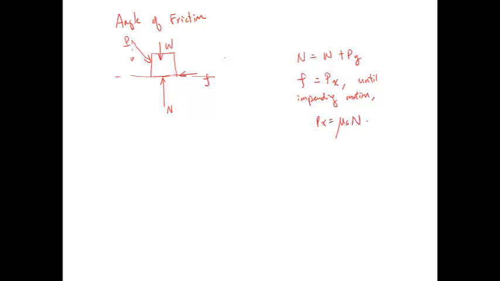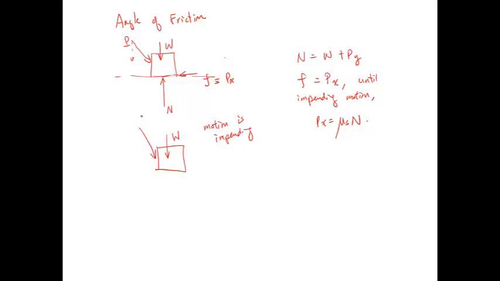So let's see what happens to the free body diagram at impending motion. At this point we're still at Px. Now motion is impending. We're pushing it down.